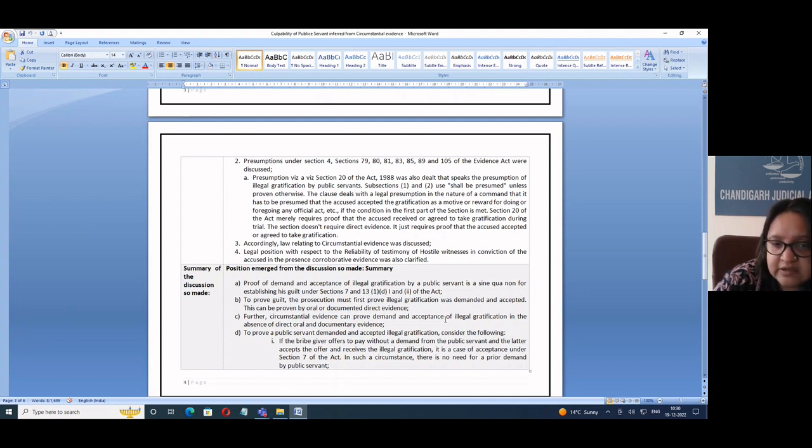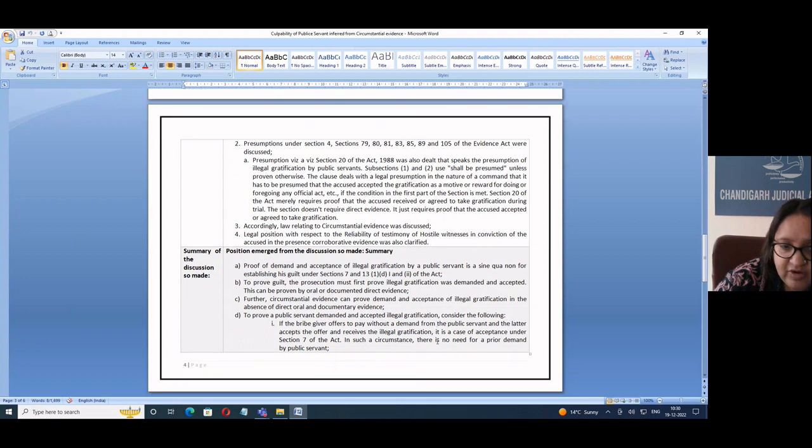To prove guilt, the prosecution must prove first that illegal gratification was demanded and accepted. This can be proven by oral or documented direct evidence. Further, circumstantial evidence can prove demand and acceptance of illegal gratification in the absence of direct oral and documentary evidence.